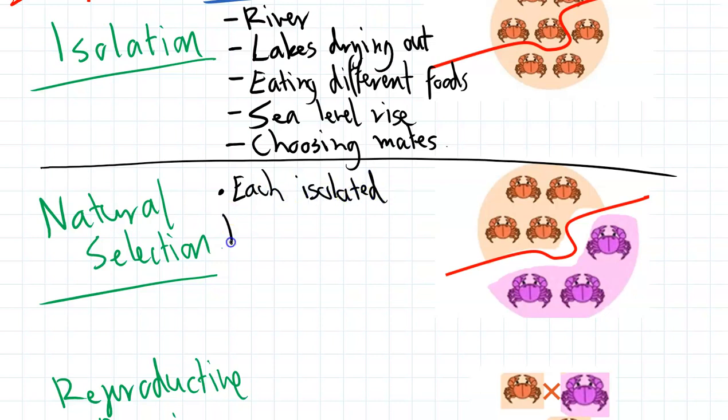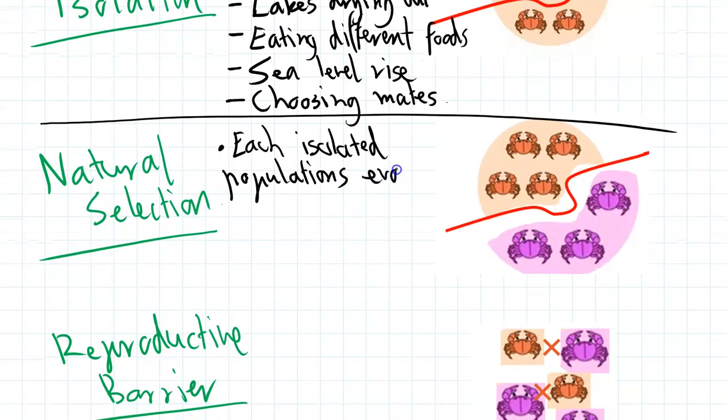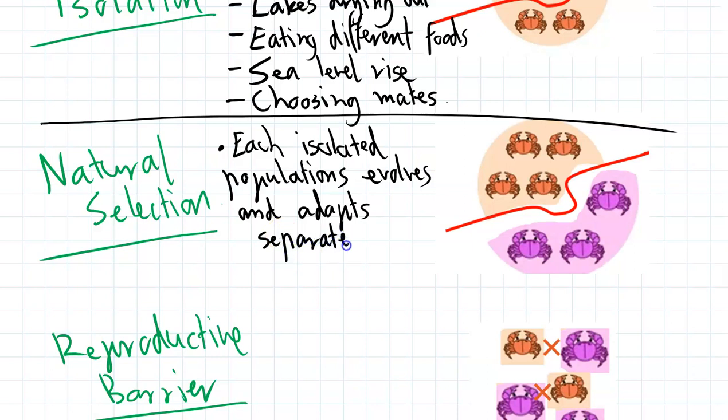So each of those isolated populations evolves and adapts separately. All right.